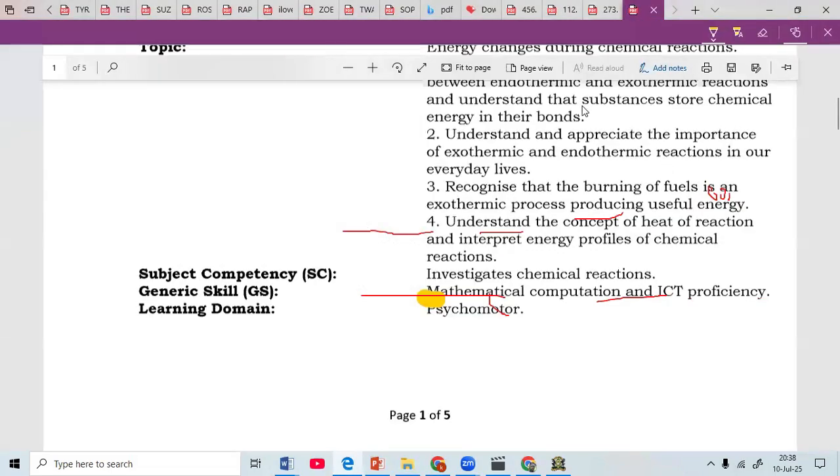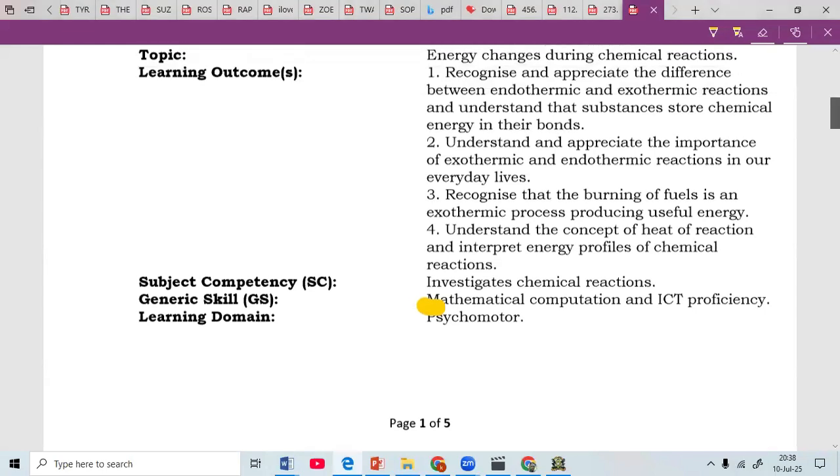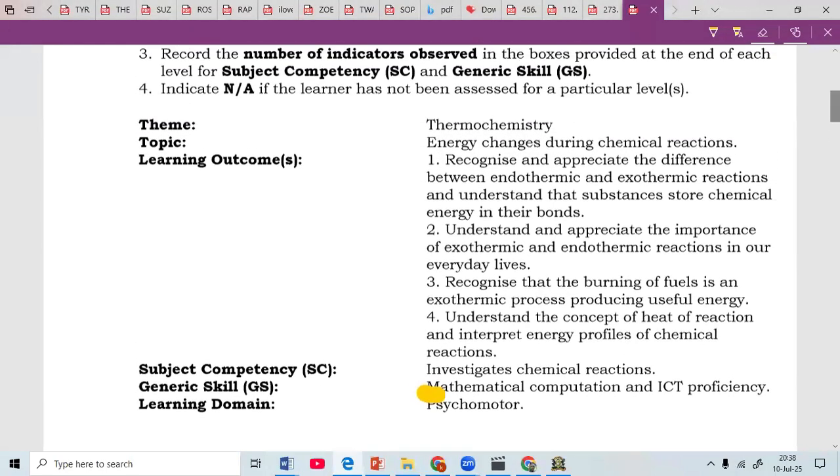When we go to chemistry, look at the different learning outcomes that we want to achieve. Ask yourself, do the children, or the task I'm bringing on board, able to capture these ones?